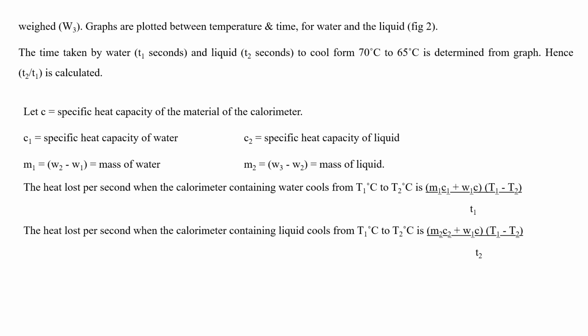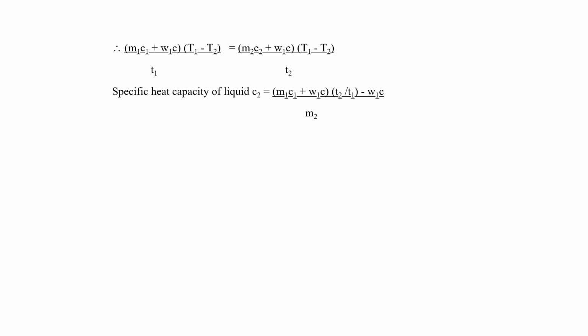So this is the heat lost per second for the second liquid. According to our conservation idea, the heat lost by the water is equal to the heat lost by the oil from 70 to 65 degrees Celsius. So you can equate both expressions: M1C1 plus W1C into T1 minus T2 by t1 is equal to M2C2 plus W1C into T1 minus T2 by t2.